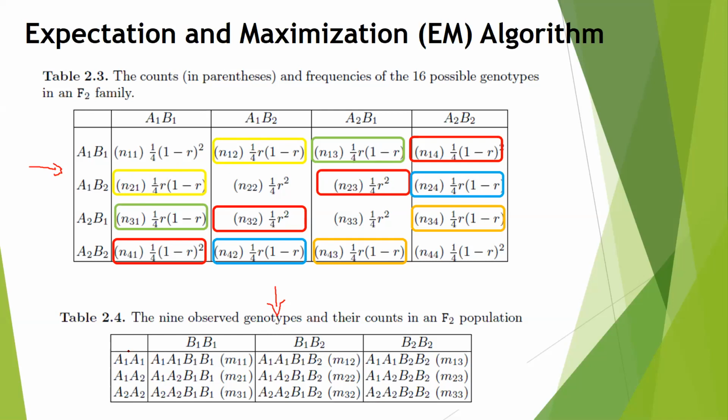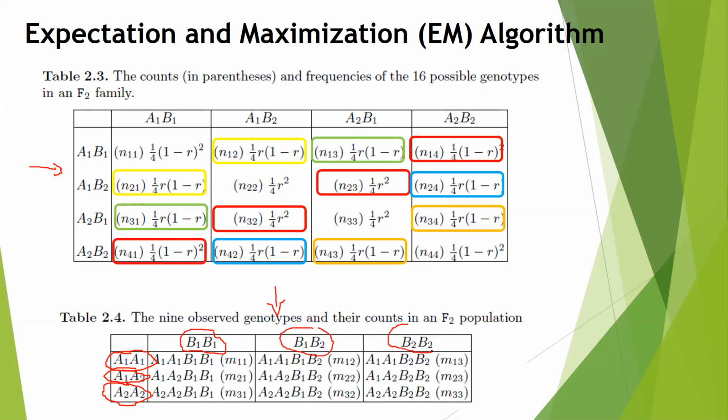So instead of looking at the gametes, if you look at the genotype at each locus, for example locus A, there are 3 possible genotypes from this F2 design, right? And the same for the second locus, the B locus: you also get 3 genotypes.